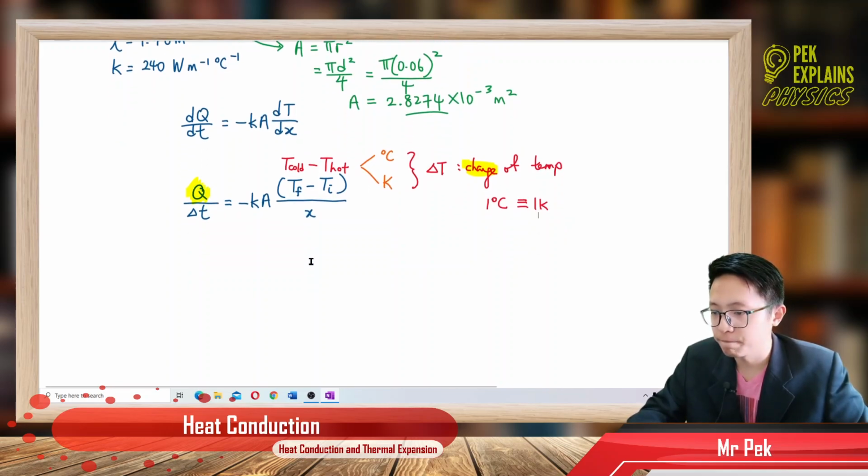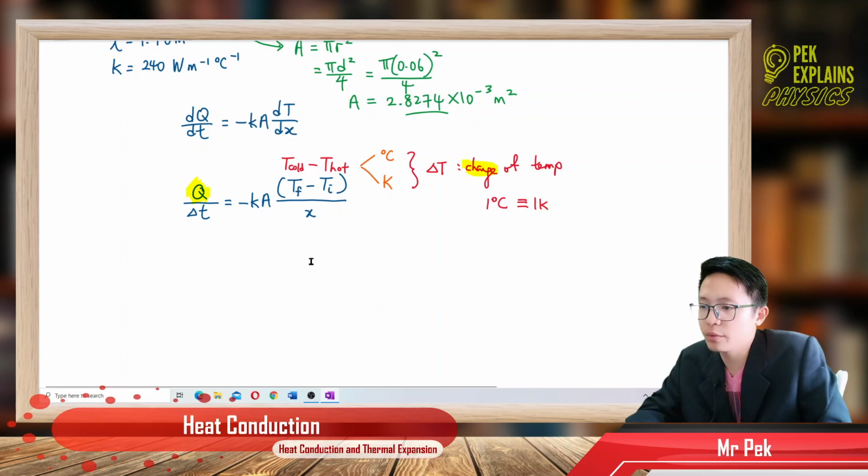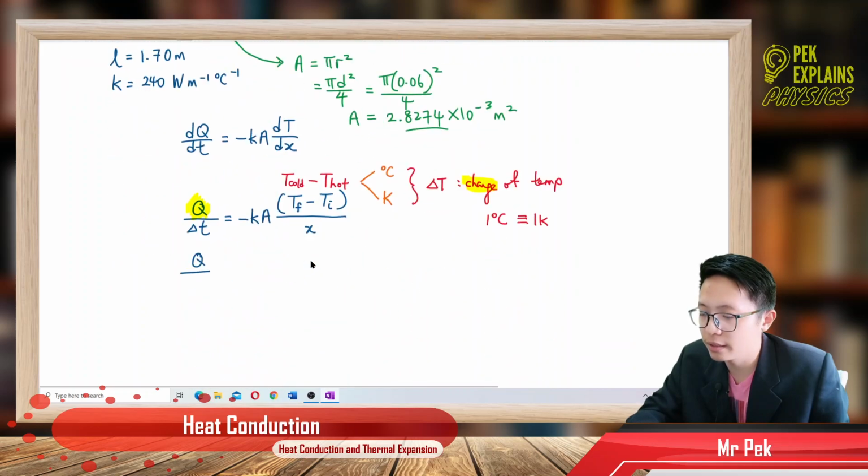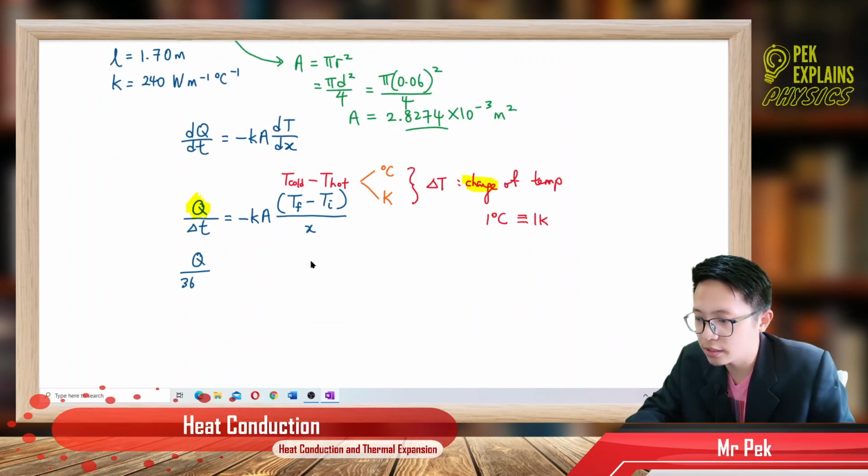So now let's substitute all the information we have. We are asked to find the Q, and the time taken is 3600 seconds, and then the thermal conductivity is 240.